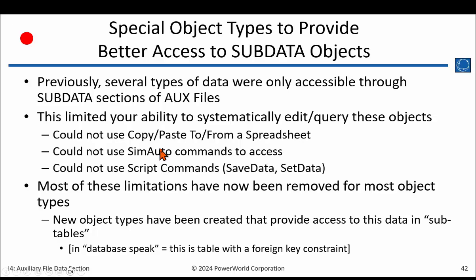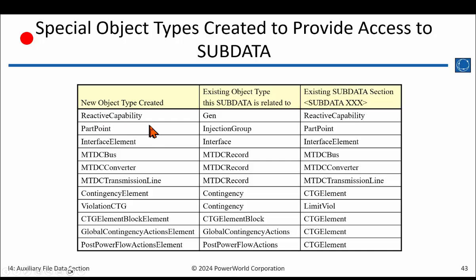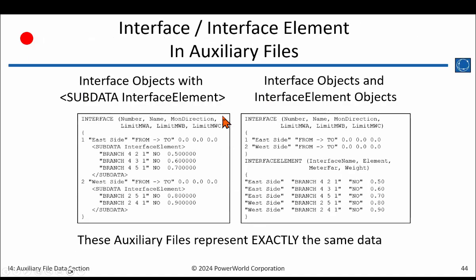So sometimes a separate object type is easier to work with. So the next few slides just talked about some examples of that, like reactive capability curves, for example. There's an object type for that. It can also be a subdata type of generators. So that's described in the documentation, but these slides are included here for your reference.